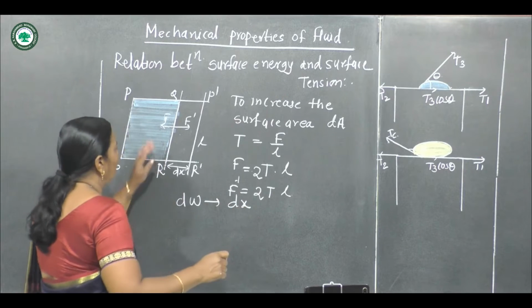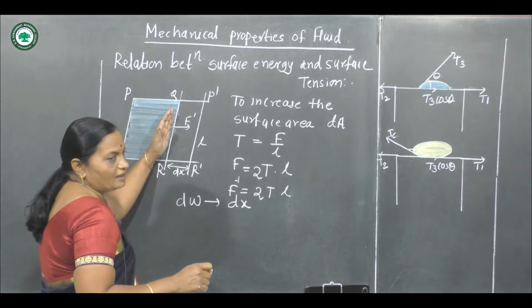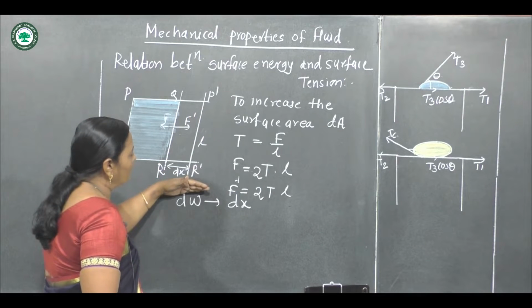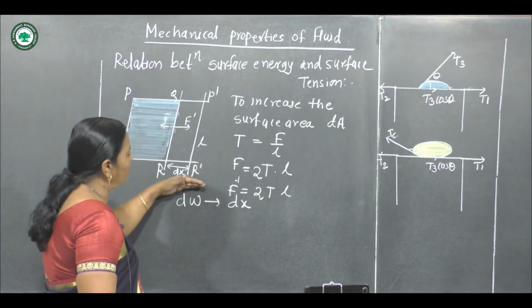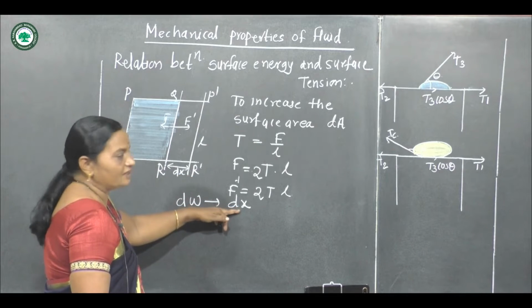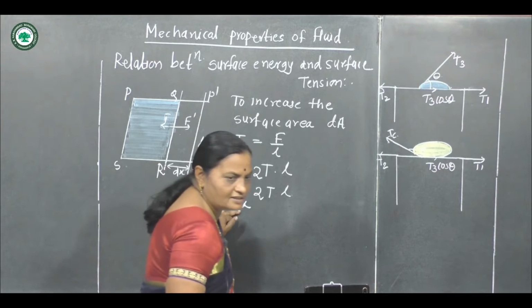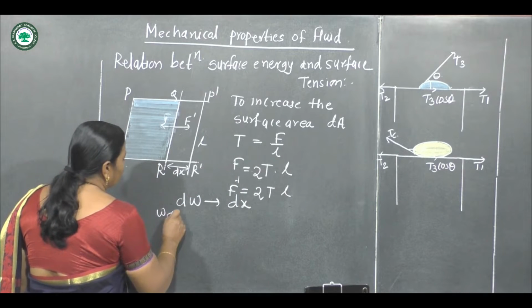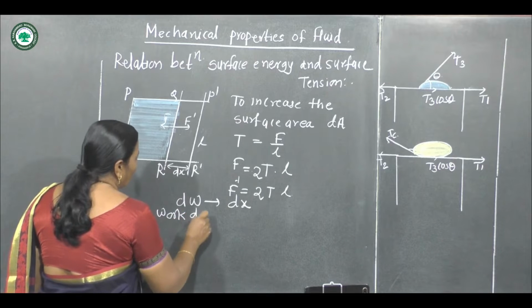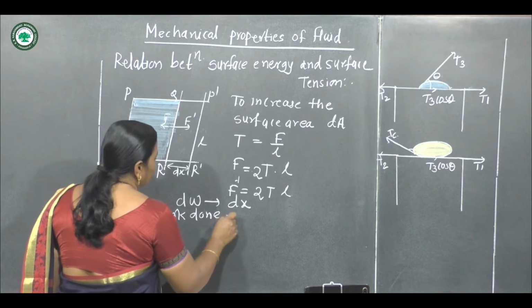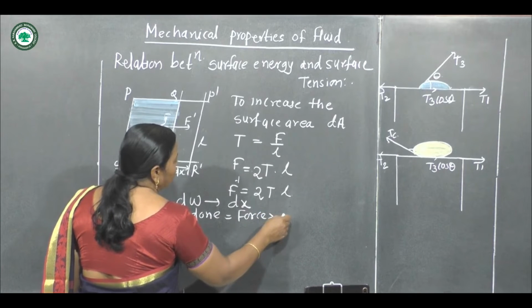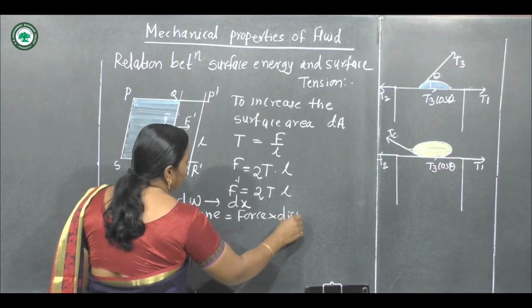To move this QR towards left, work is done, and the work done is dW through distance dx. See here, the wire QR is moved towards the left, work is done through the distance dx. Now we know work done is equal to force multiplied by displacement.